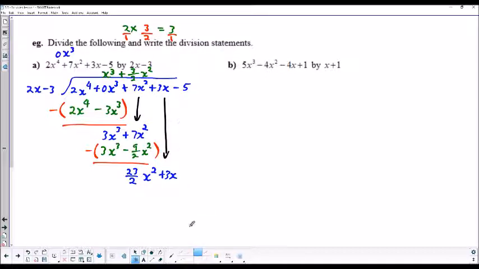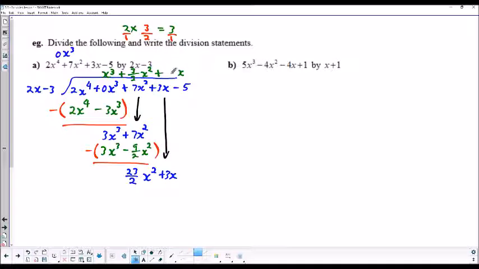Well, I know there has to be an x, and it has to be positive because that's positive. So I've got an x in there, and I've kind of messed up the spacing, but that's supposed to be above the 3x here because they're supposed to be like terms. And so 2 times what gives me 23 over 2?